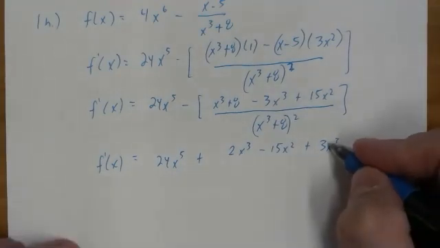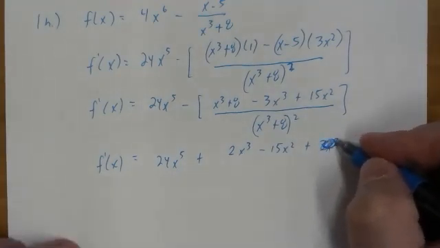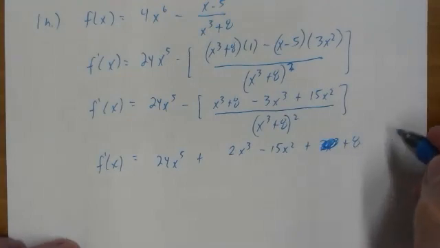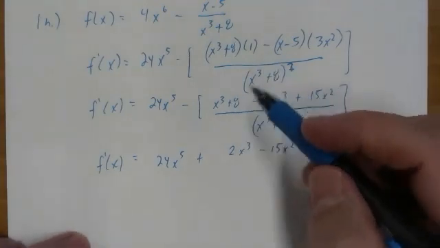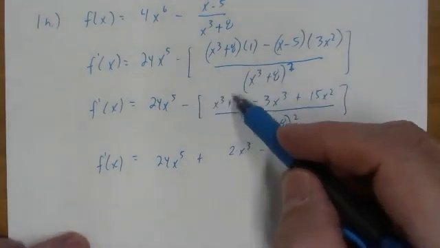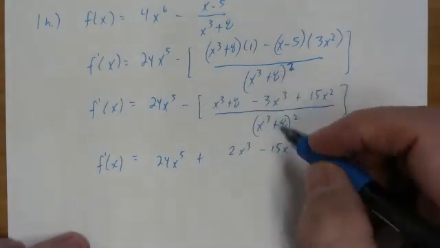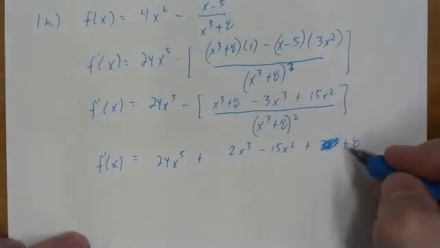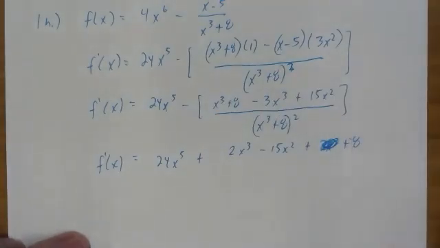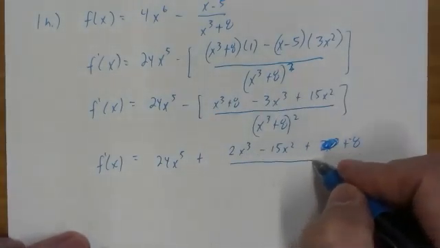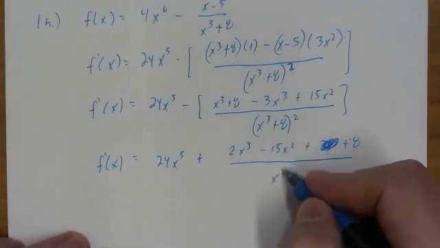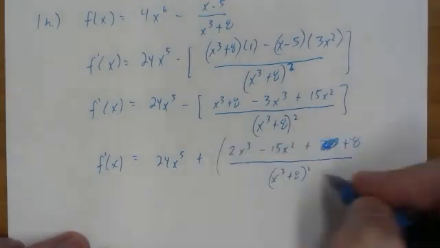Whoops. I paid attention. Oh, I gotta be careful though. This negative, and it should be minus 8, all over x cubed plus 8 quantity squared.